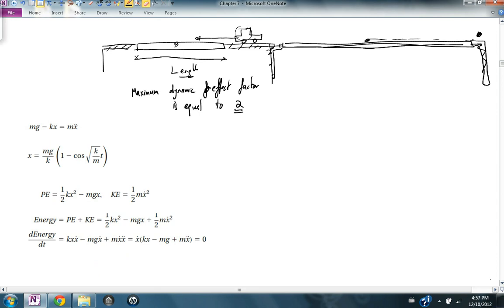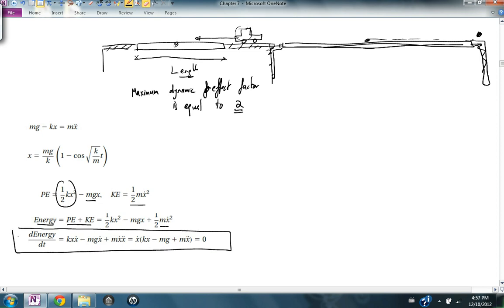The potential energy of the system in this case is equal to half kx squared minus mgx. The kinetic energy of the system is equal to half mv squared. The total energy of the system is equal to the potential energy plus the kinetic energy: half kx squared minus mgx plus half m x dot squared. Now what you will notice is that the energy stays constant.